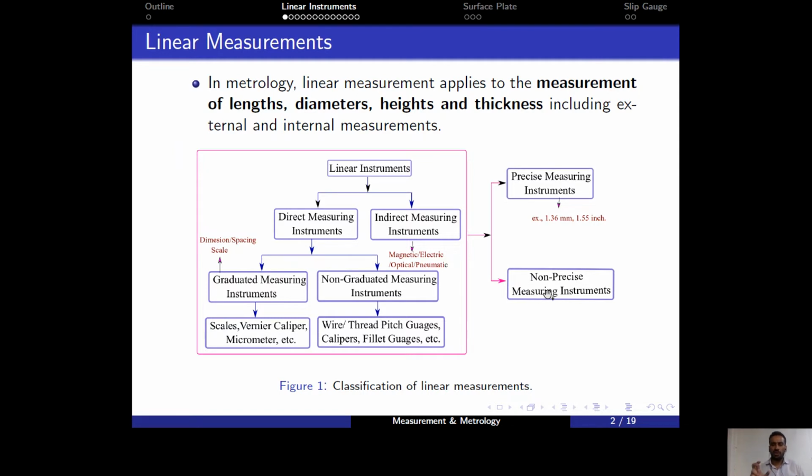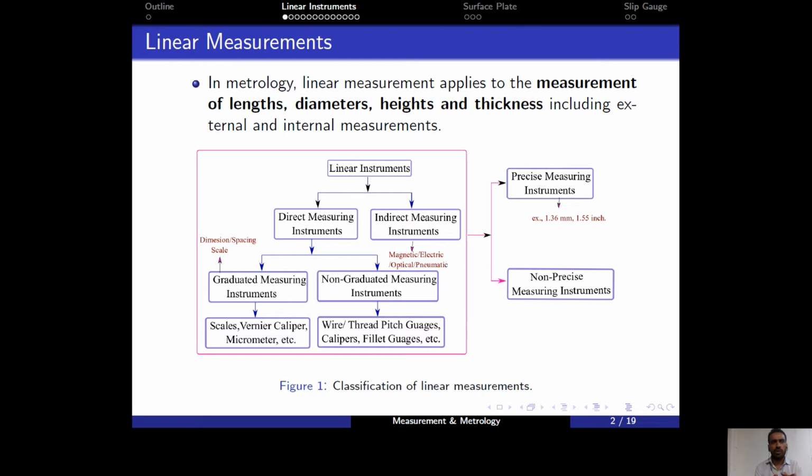Precise measuring instruments means, suppose I wanted to measure a dimension which is 1.36 mm. That 1.36 mm is very precise. Using a scale, I can measure 1 mm, 2 mm, 3 mm, 1 centimeter, 2 centimeter.